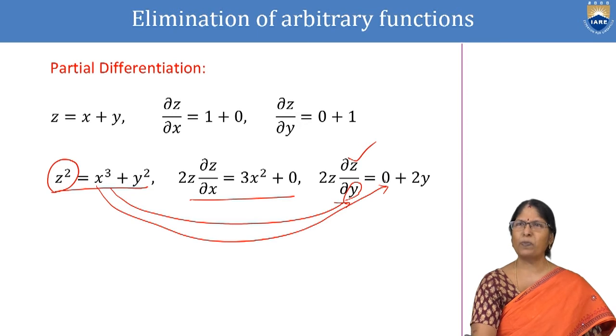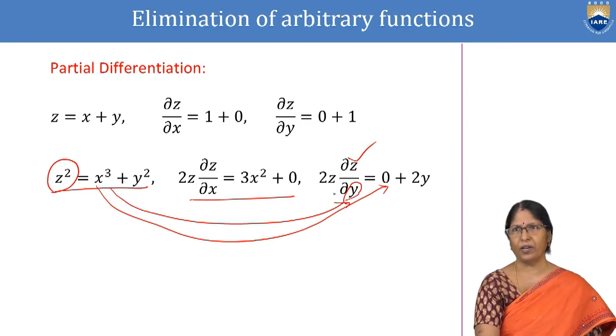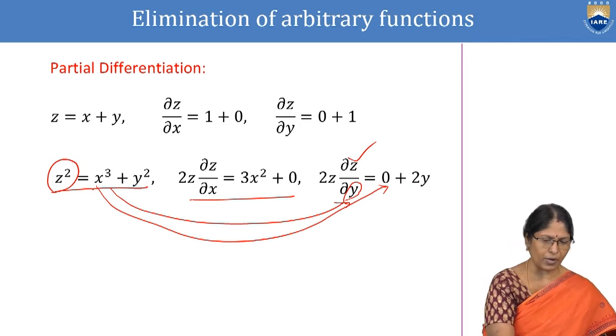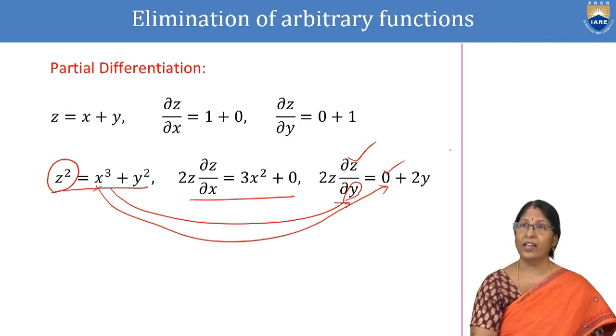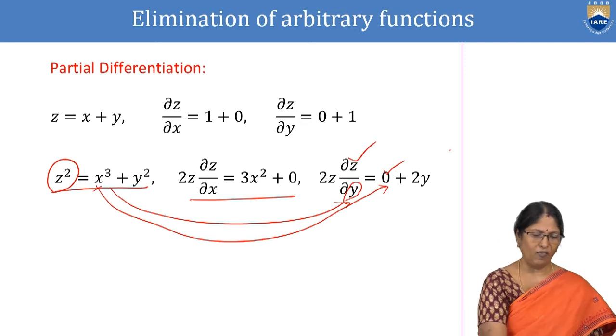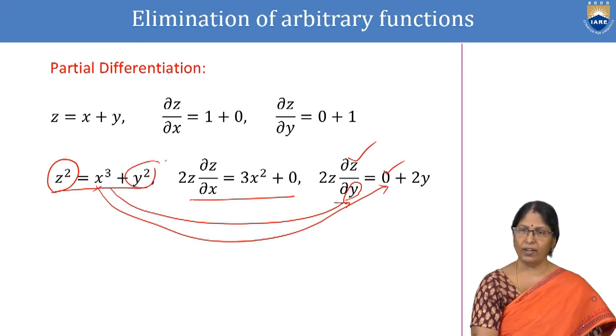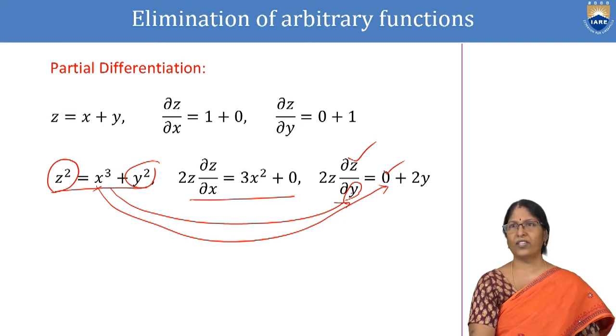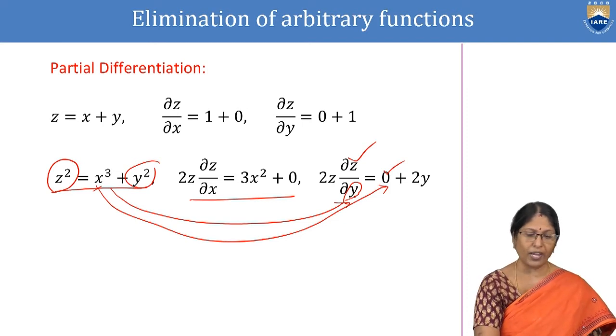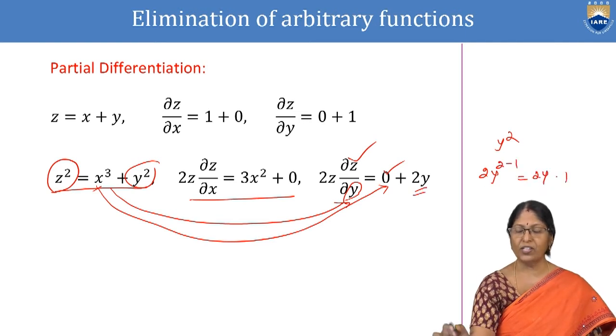Otherwise, an easy way to explain it is that we neglect the other variables. So the other variable x is neglected and becomes 0. Whereas y², we differentiate partially with respect to y: the differentiation of y² is 2y to the power 2 minus 1, equal to 2y, and y differentiation is 1.